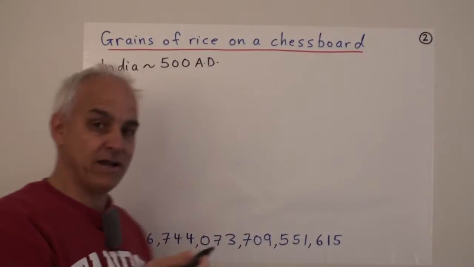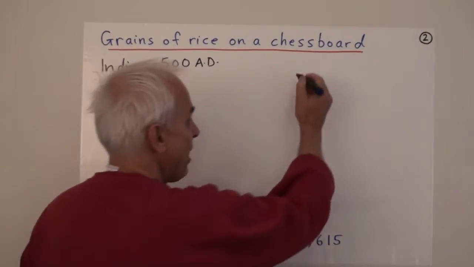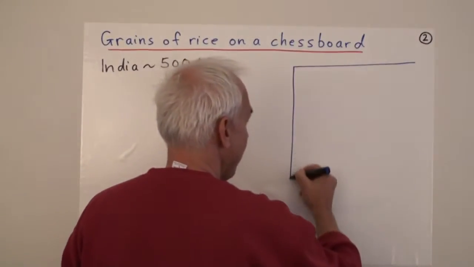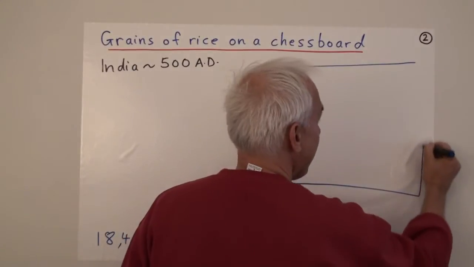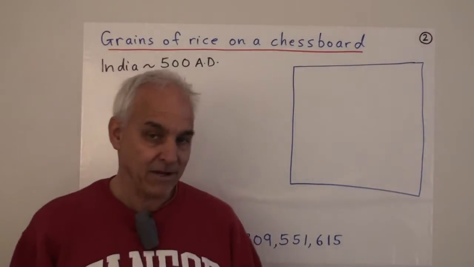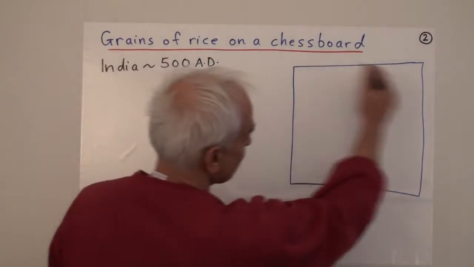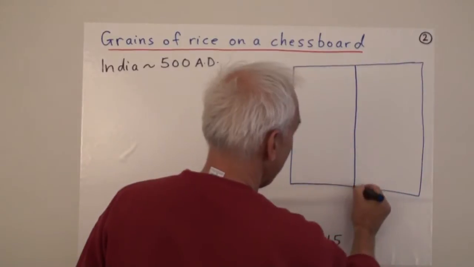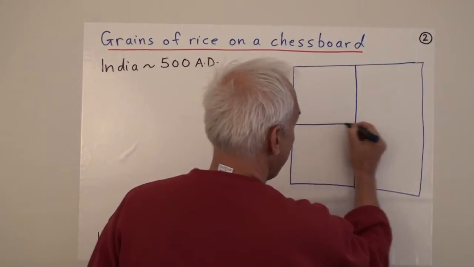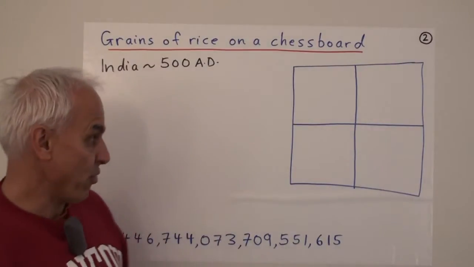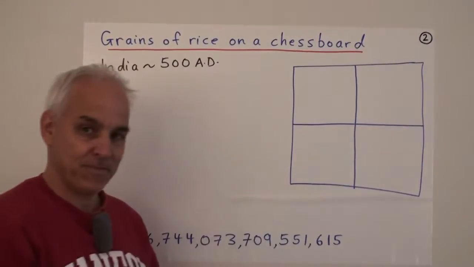He said, let's have a look at a chessboard. Okay, so I remind you that a chessboard is a square array. It's an 8 by 8 array. And we can draw an 8 by 8 array in the following way. If we take a square like this and roughly divide each of the sides in 2, then we get a 2 by 2 board with 4 squares.